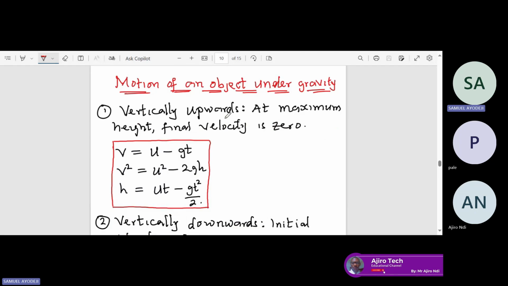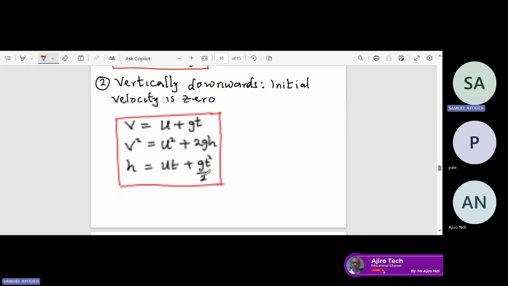So when vertically upward, these are the formulas you need. The negative is already in the formula, so don't change g to be negative again. We apply the negative for g, that's why I make the formula negative here. The value of g still remains 9.81. When it's vertically downward, it becomes plus.